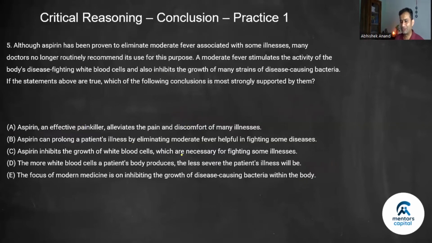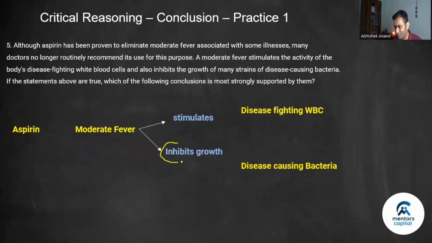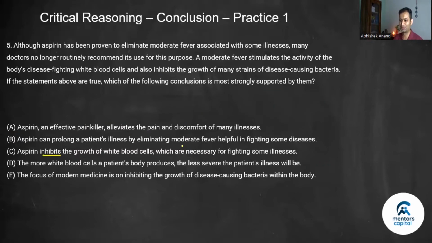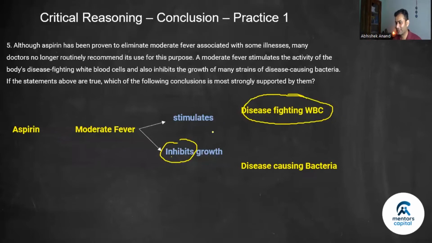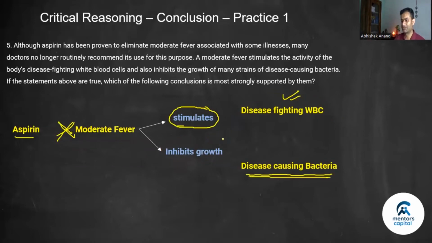Now, look at choice C, what it does. It inhibits from here and WBC from here. No, if moderate fever is not there, the WBC will not get stimulated. You can't say they will get inhibited. Look at the choice, brilliant choice, right? So they picked inhibited from here and they mixed it with this. So brilliant choice, but an incorrect choice. So this is out.